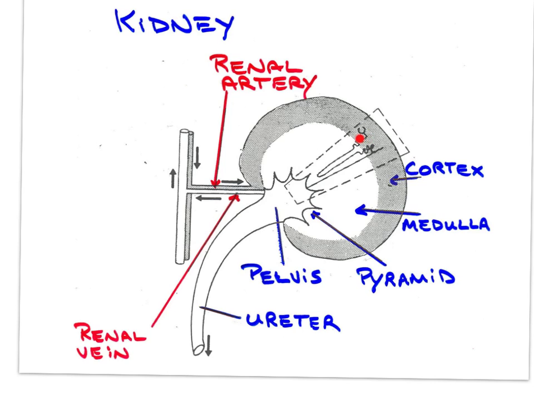Here is the proximal convoluted tubule, the loop of Henle, the distal convoluted tubule, and the collecting duct. Only the loop of Henle and the collecting duct dip down into the medulla of the kidney, and you can see how the collecting duct empties urine into the pelvis, leading to the ureter.